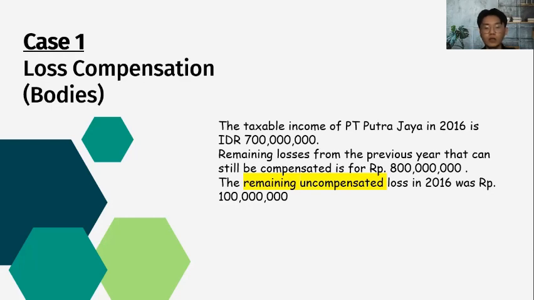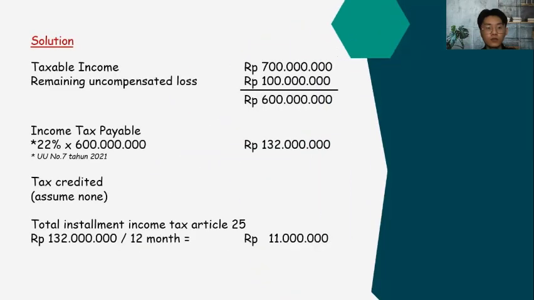And then the remaining uncompensated loss in 2016 was 100 million rupiah. For the solution, we write the taxable income, which is 700 million, and then the remaining uncompensated loss, which is 100 million rupiah, and then we deduct it, and we get 600 million rupiah.